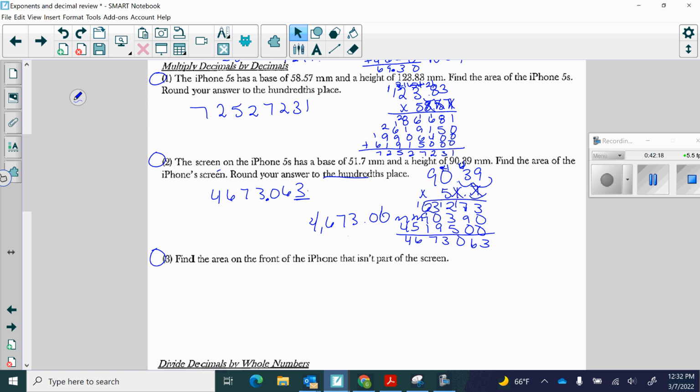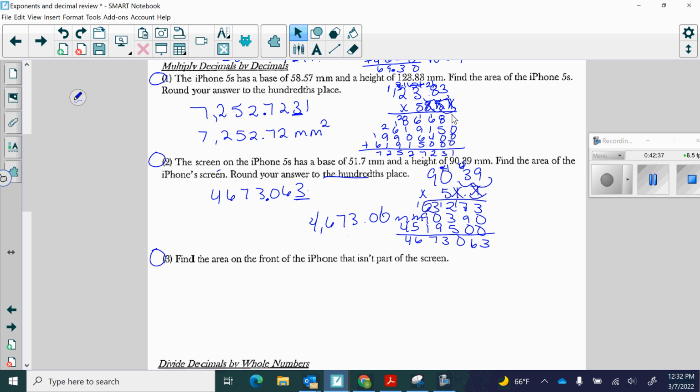There are 4 numbers after the decimals. So there should be 4 numbers after the decimal in the answer. It says to round to the nearest hundredths place, so I use my 3 and get 7,252 and 72 hundredths millimeters squared.